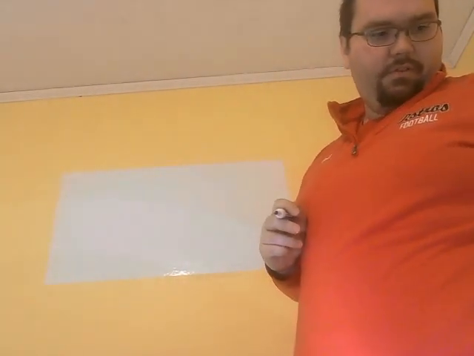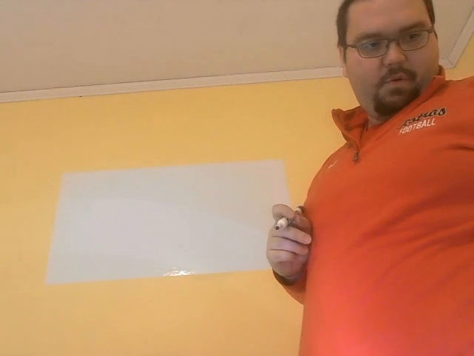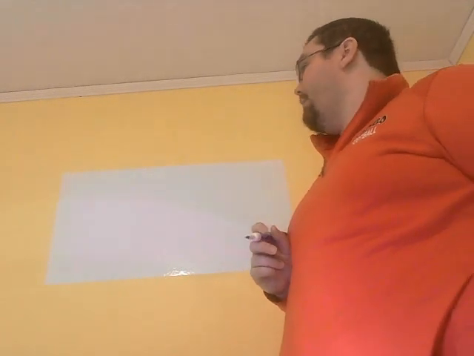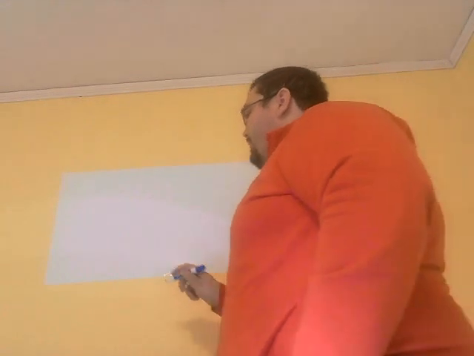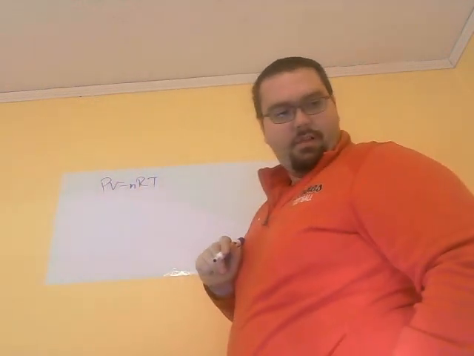Problem number 2. We have a 25-liter cylinder that has 1.5 moles of gas in it, and it's in a room at 115 degrees Celsius, and they want to know what the pressure was before the cylinder ruptured. So similar to what we did with the last one, I'm going to use PV equals nRT, and start plugging our numbers in.